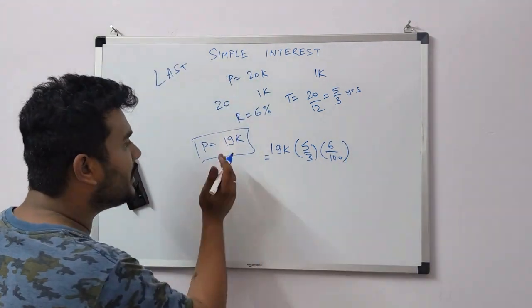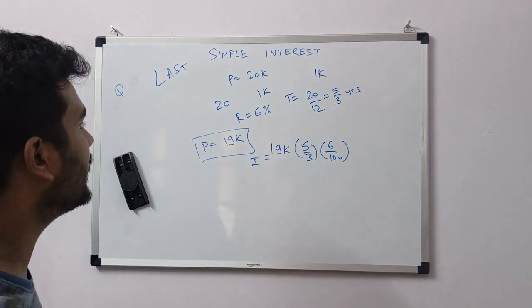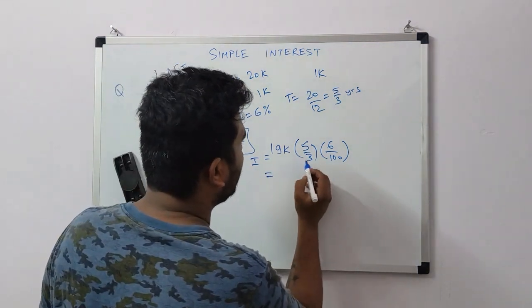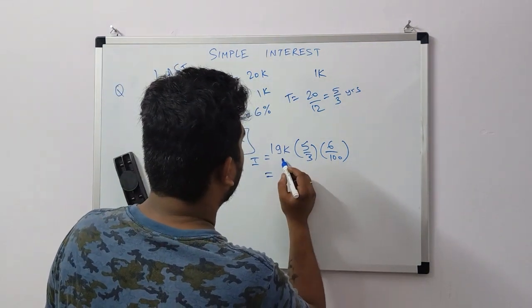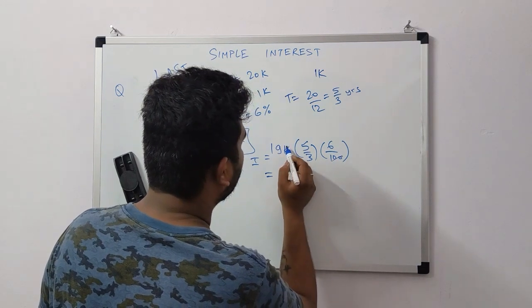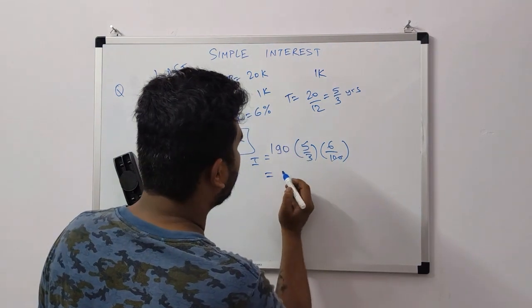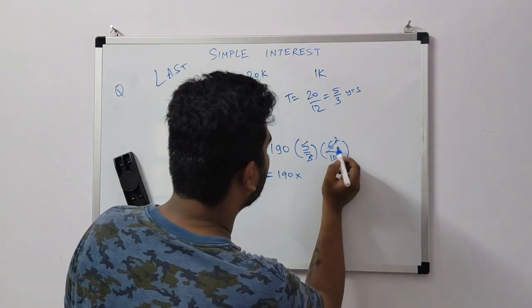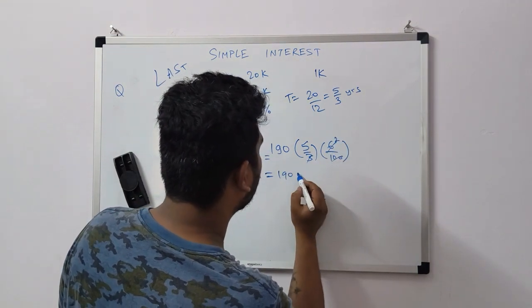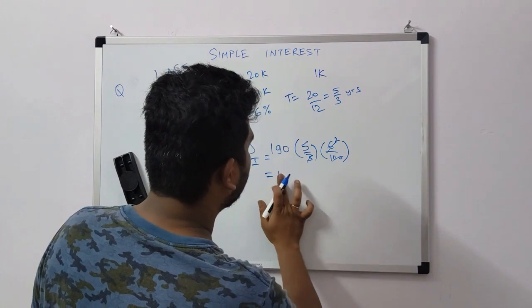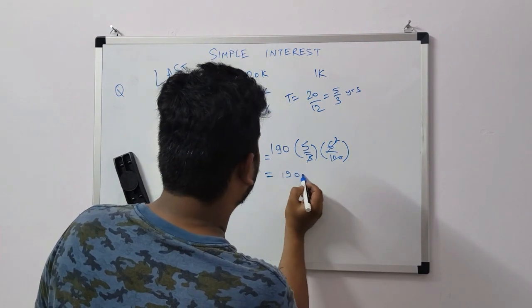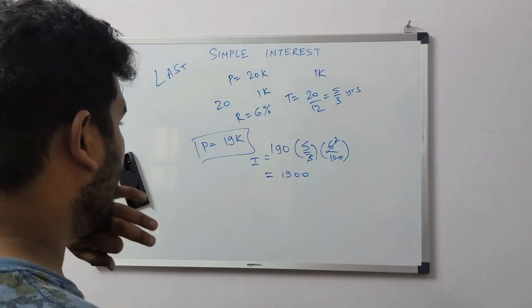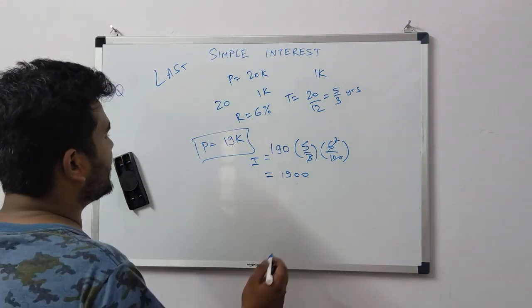And this is the total interest that needs to be paid, which comes out to be 19. You can remove the 3 zeros and make it 190, and then 190 into 2, so again another 0. Basically this becomes 1900. Now 1900 is the total interest that you have to pay.